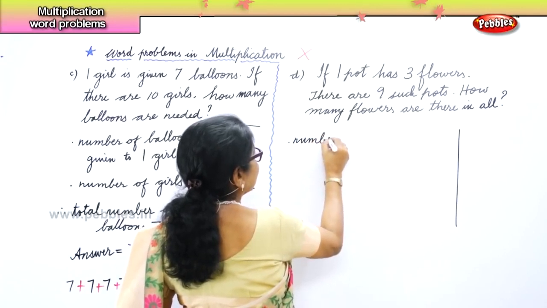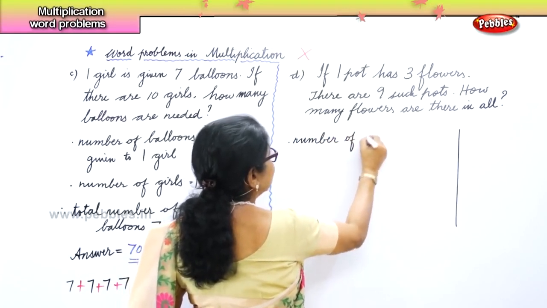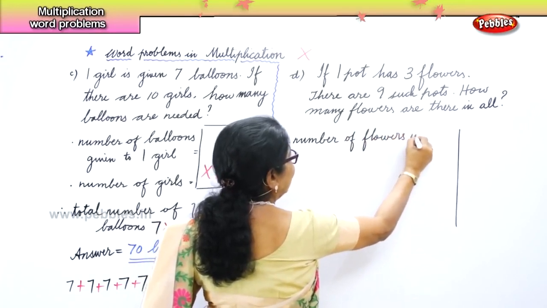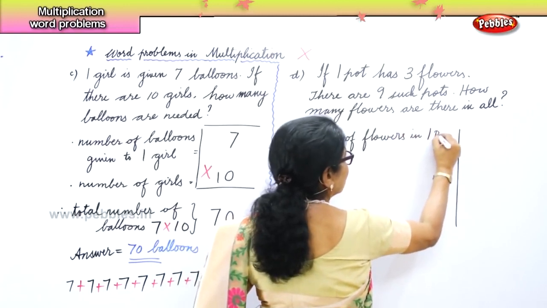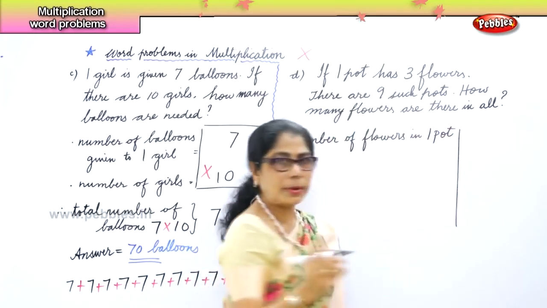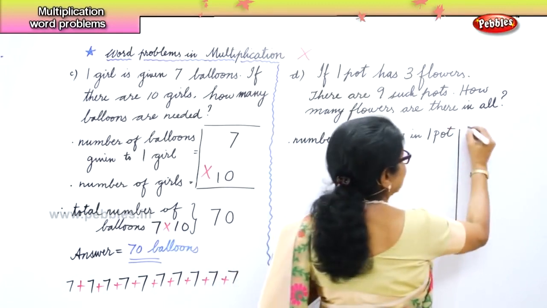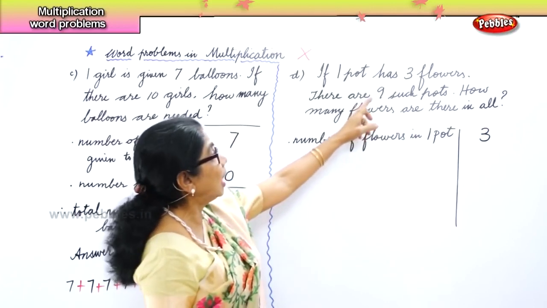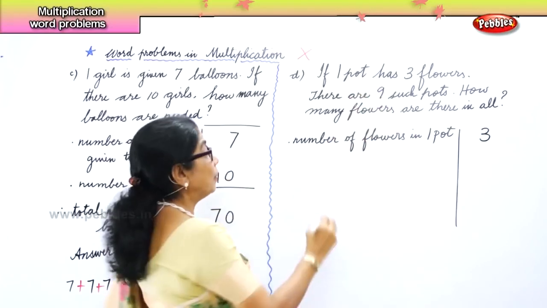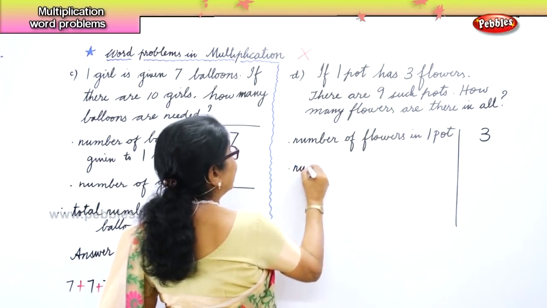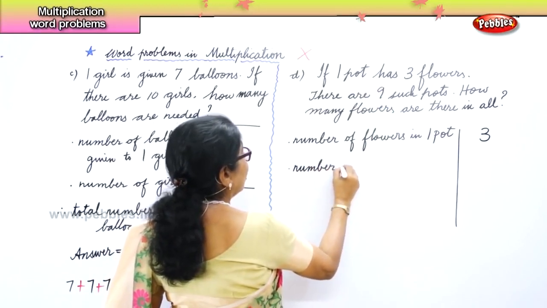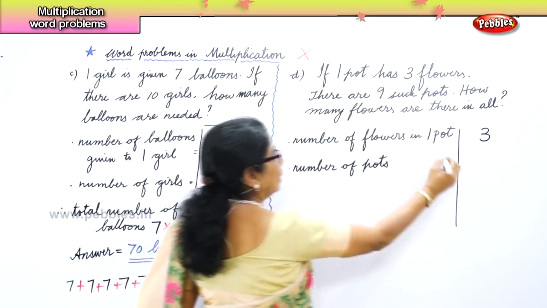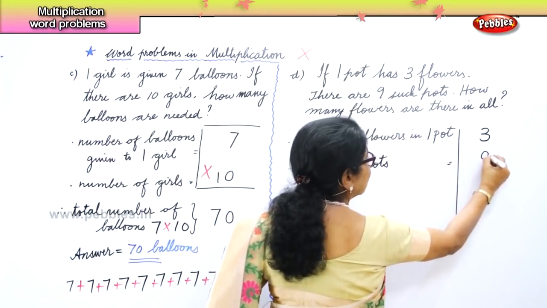Number of flowers in one pot. How many flowers in one pot? 3 flowers. How many pots are there? 9. So number of pots? 9.